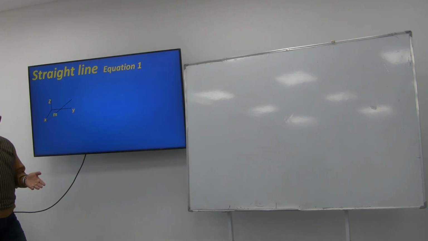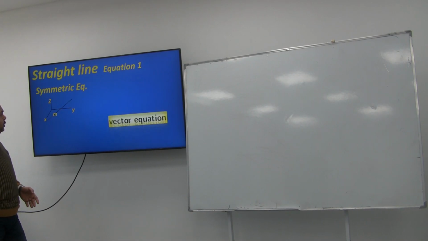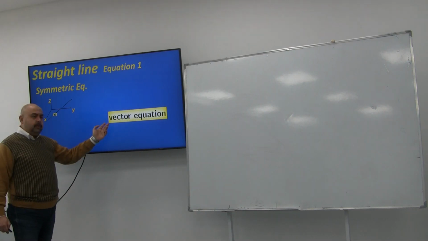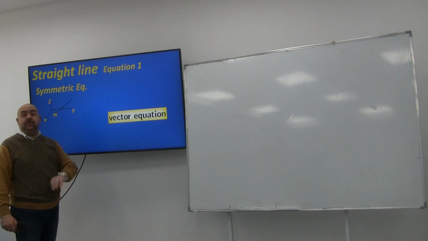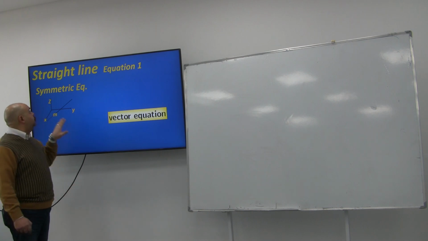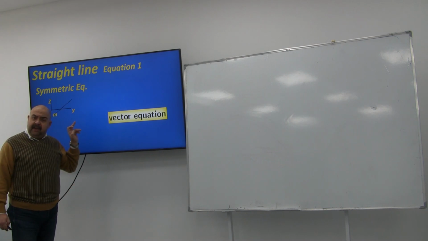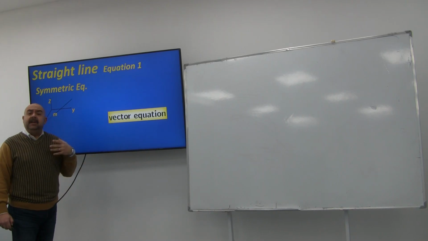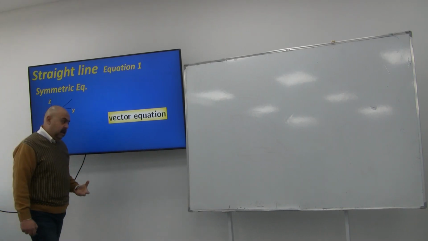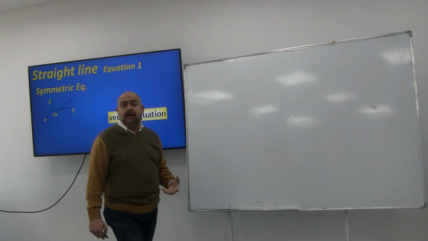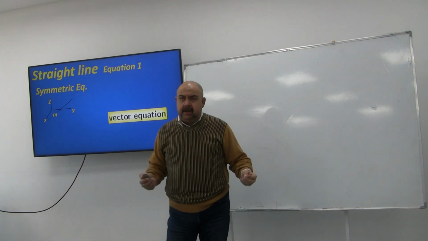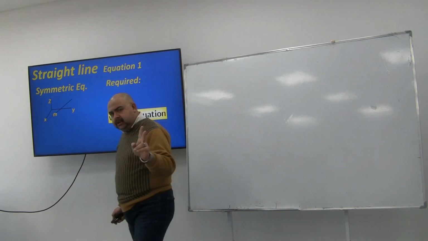If I want to get the set of points forming a straight line, from the concept of analytic geometry, I will have the vector equation or the symmetric equation, which is really very simple. If I want to get the set of points that, if connected together, will give me a set of points belonging to one straight line, all I need is just 2 things.